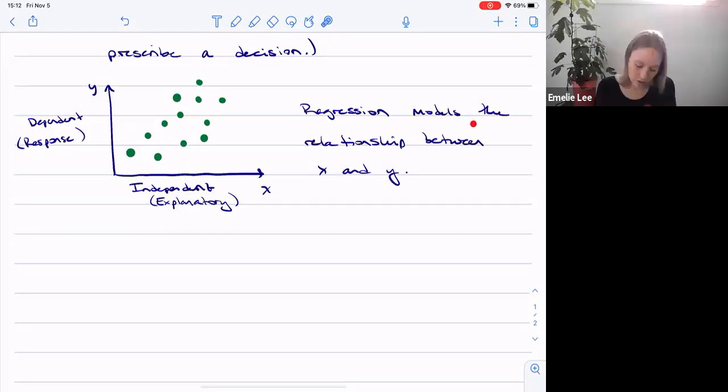So regression models the relationship between x and y.